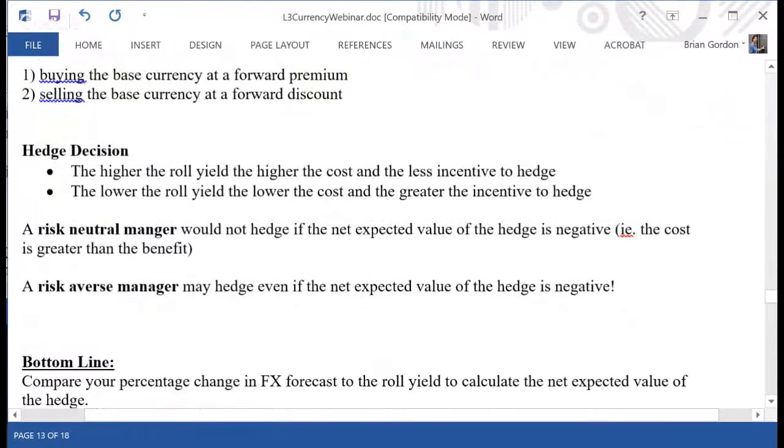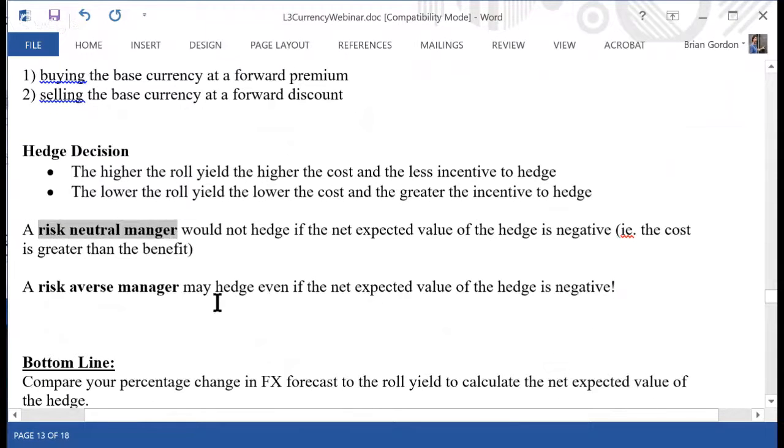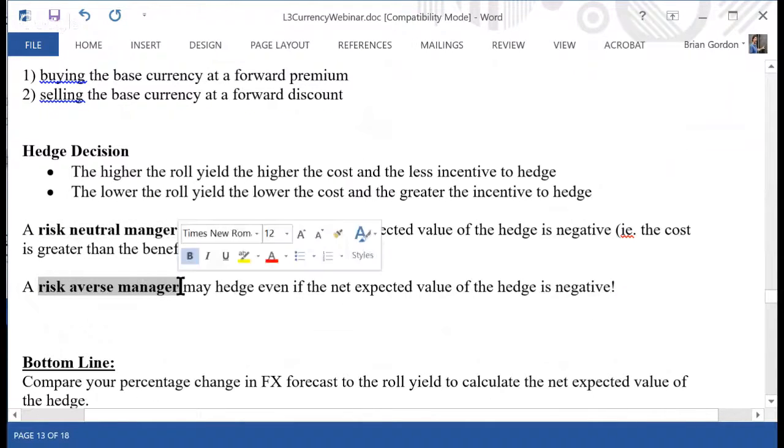Now, another very important point to be aware of, and I think this is coming on your exam, is the attitude of the manager. If they're risk neutral or if they're risk averse. And this will affect our decision to hedge.